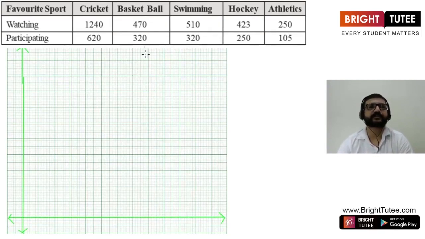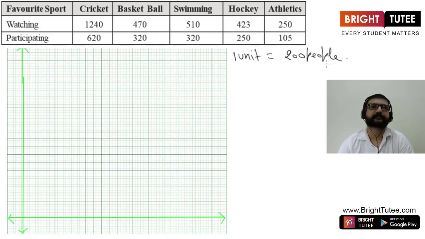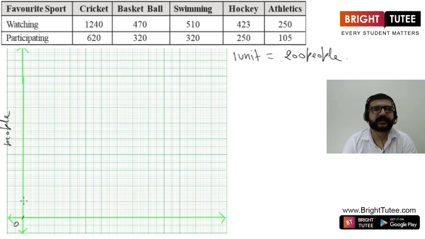First of all, we have to choose a scale. Now according to the data given to us, we can choose the scale as 1 unit is equal to 200 people. The vertical line here will be representing the number of people, or we can simply write people here. Since the scale is 1 unit equal to 200 people, let's mark the numbers on the vertical line.